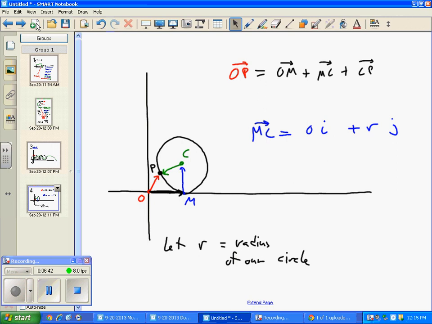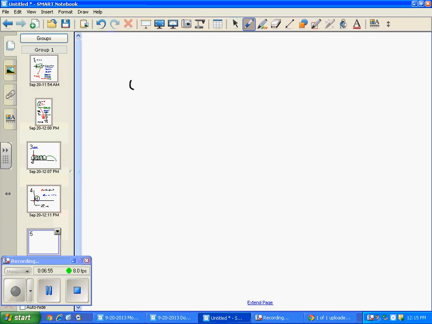I just need to briefly review the meaning of this notation with the I and the J. All right, so I'm going to go to a new page for a second, and I'll come back to this picture. Okay. The vector I stands for the vector 1, 0, and the vector J stands for the vector 0, 1.